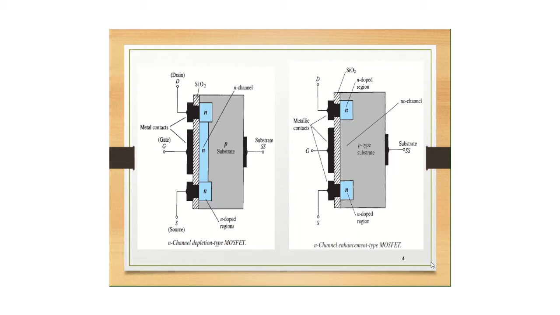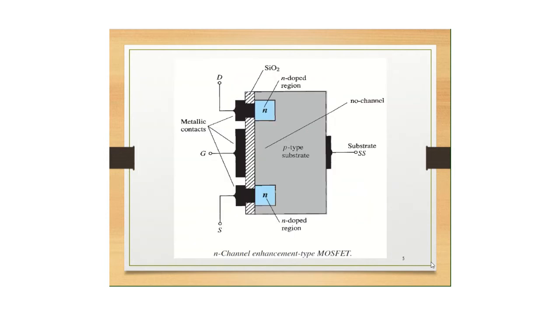Most of the construction and working is the same as for depletion. The only main difference is that in depletion there is already a diffused channel, while in enhancement type there is no channel. All right. So let's see.